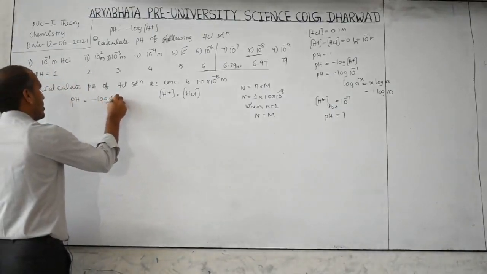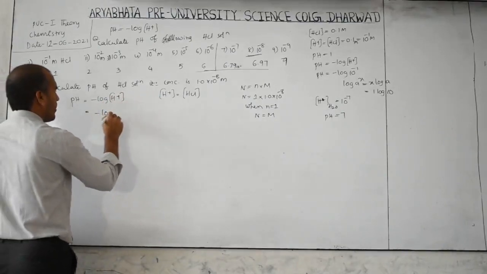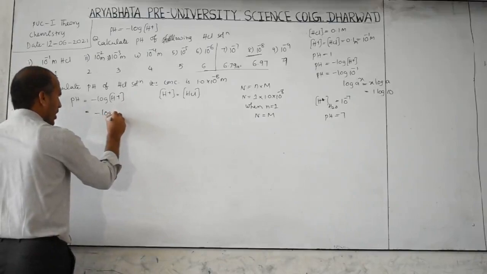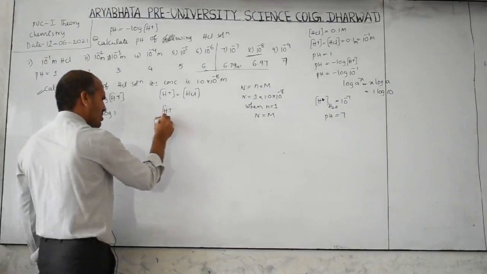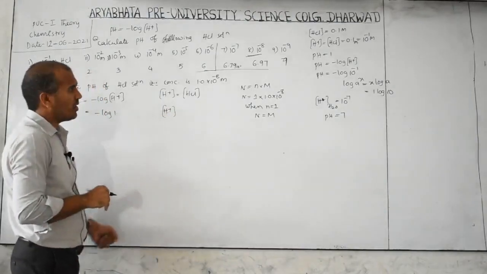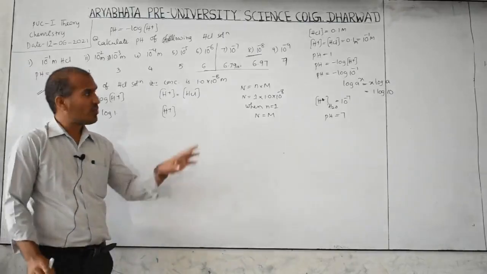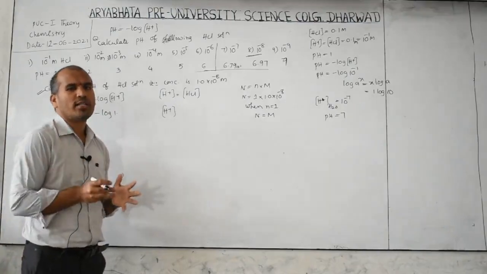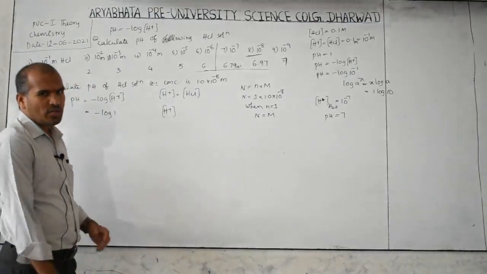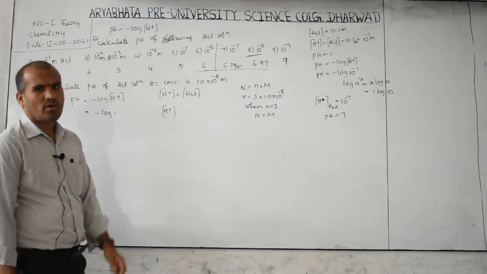Always you have to take the normality value. H plus ion concentration. Here the H plus ion concentration is 10 power minus 8, meaning this is very dilute. It means small concentration. Small concentration means more water is there, less acid is there. So with more water and less acid, some H plus ions come from the water also.